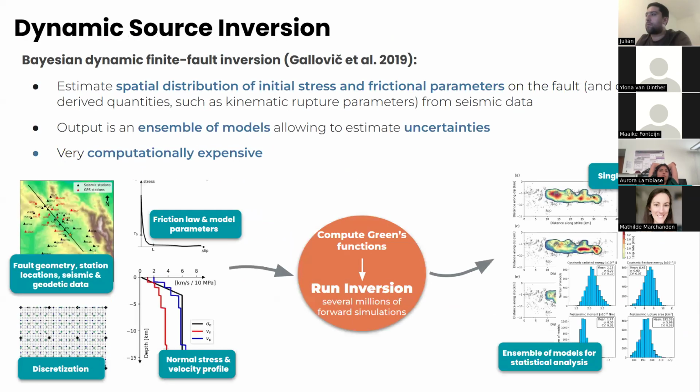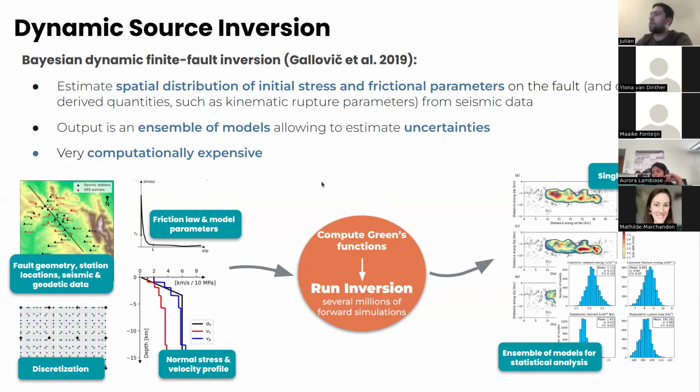And now I would like to briefly talk about dynamic source inversion. As I said at the beginning, dynamic rupture simulations are not like static and kinematic inversion, but now we can also use physics-based simulation in inversion.